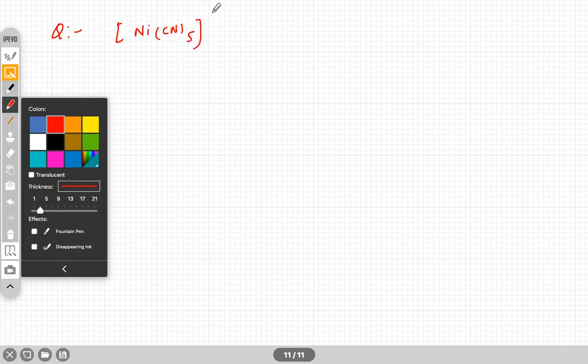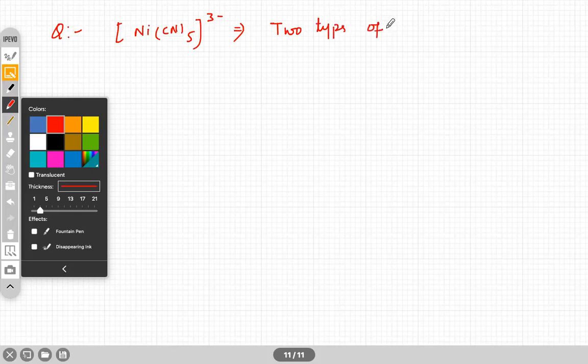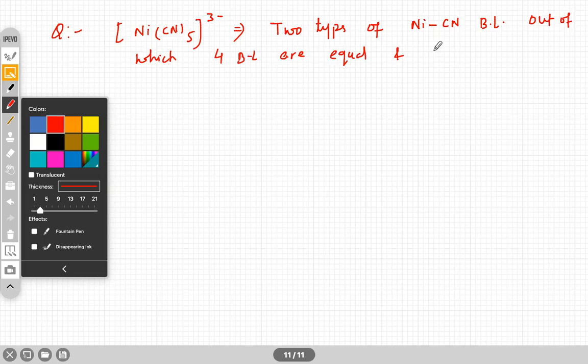Ni(CN)5 3 minus we have. And in this one, it is given that it has two types of Ni-CN bond length, out of which 4 bond lengths are equal, and 1 is different.